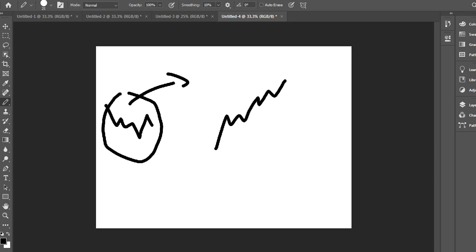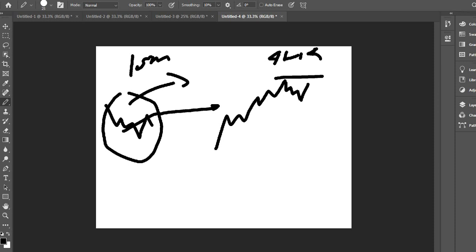This was price, but this is this. So now we are beginning to see a shift of market structure. Let's say this is 15 minute, therefore let's say this is 4 hour. Now we know that there are buy stops that are resting there. There are buy stops that are resting there.